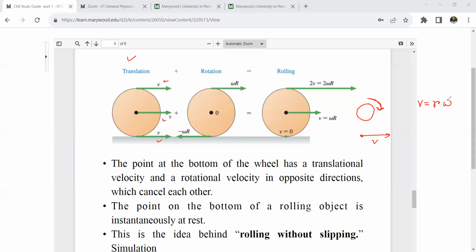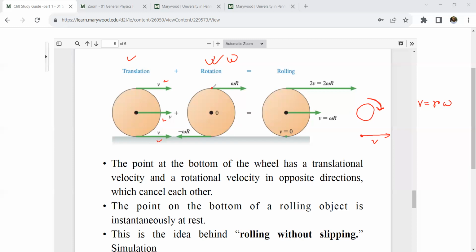All right. So now in rotational motion, let's consider this second part. Let's say this object is rotating with this rotational velocity omega.